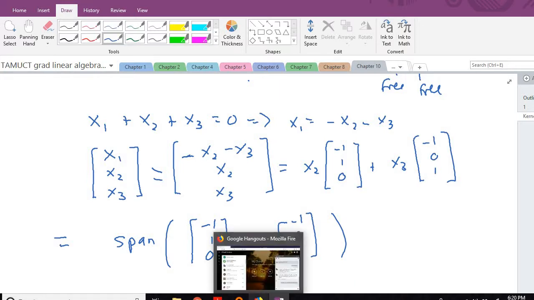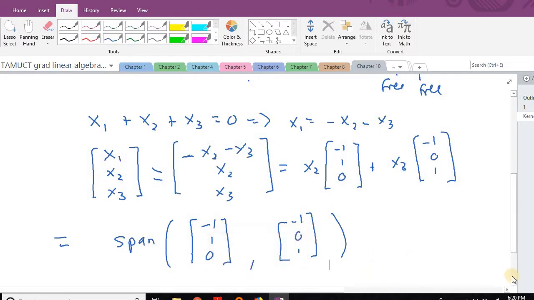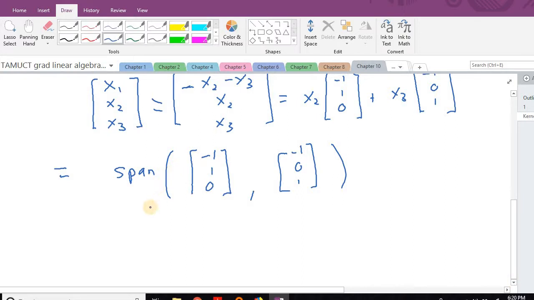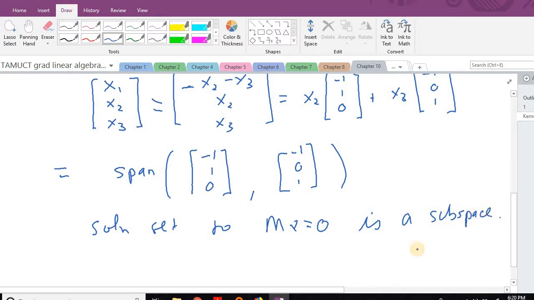So what we did was, here we have that the solution set to Mx equals 0 is a subspace. We've seen that spans are subspaces.